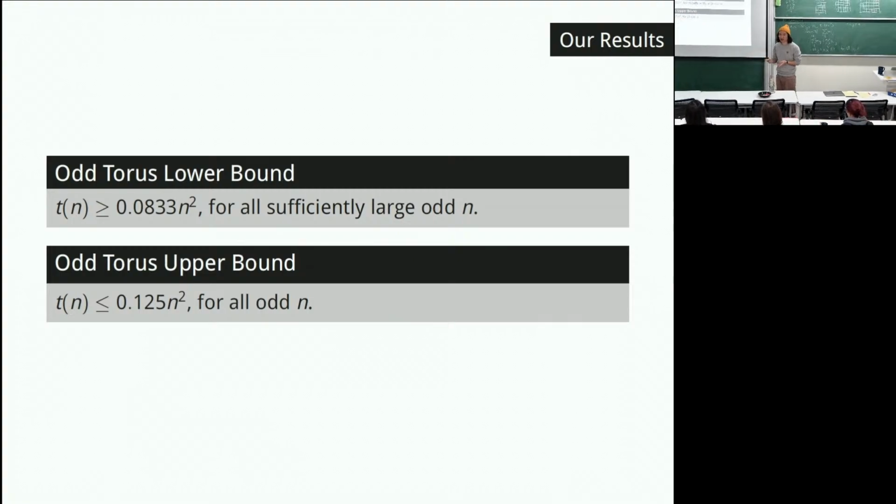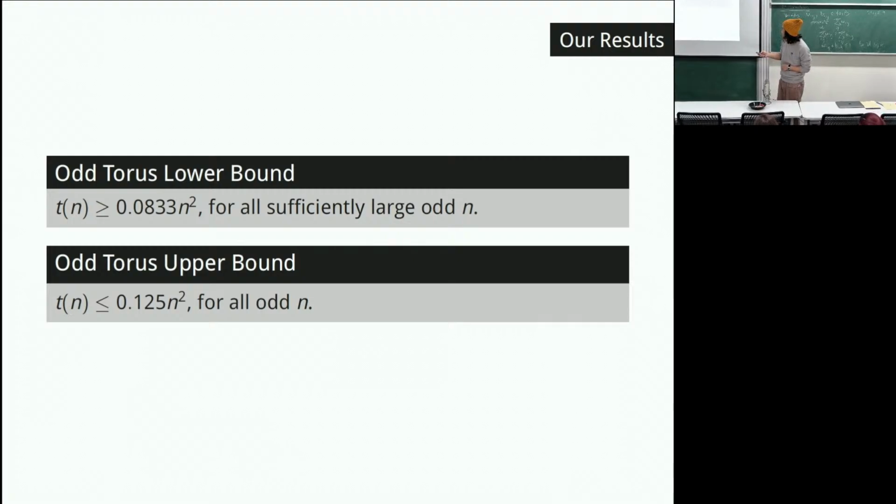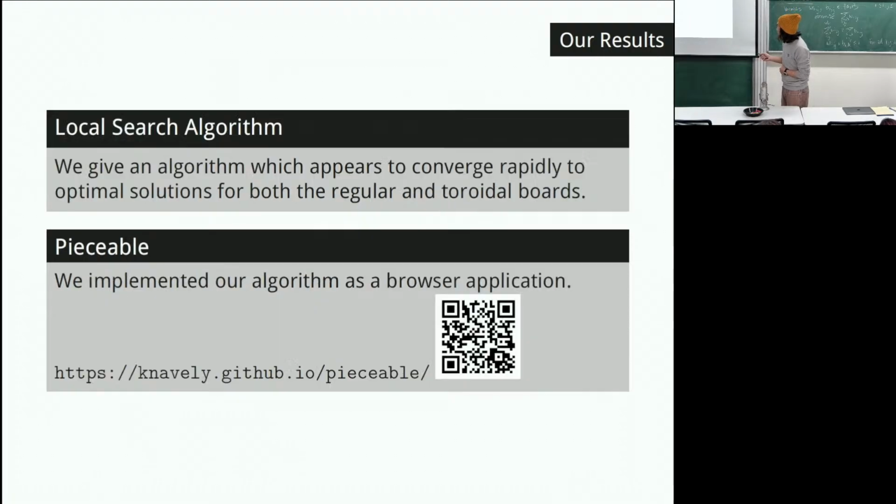So our bounds are good enough to show that these two sequences actually diverge. We show that there's a quadratic separation between this odd sequence and this even sequence. The even sequence is bigger by a constant times n squared. Okay, let me continue.